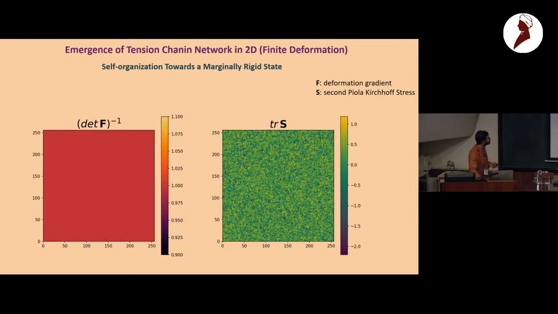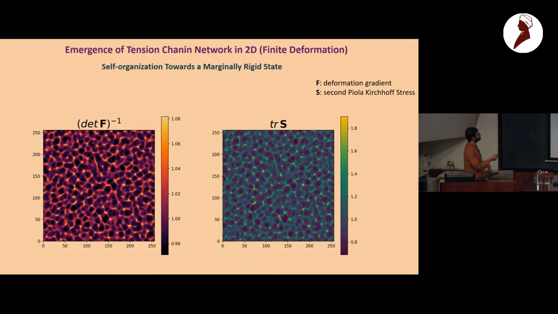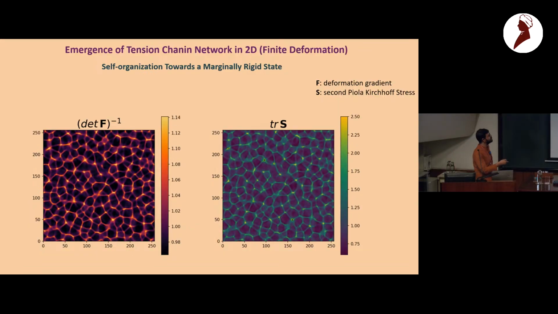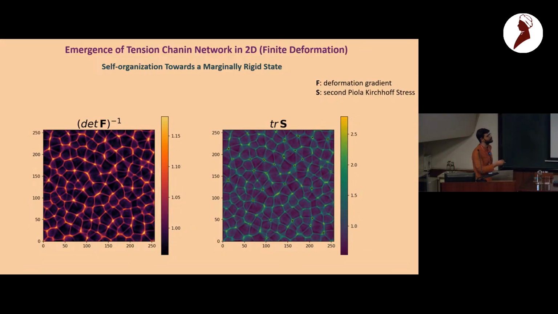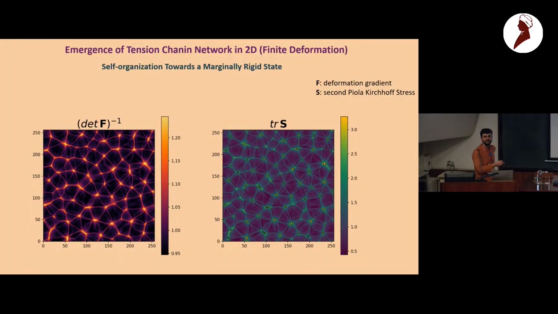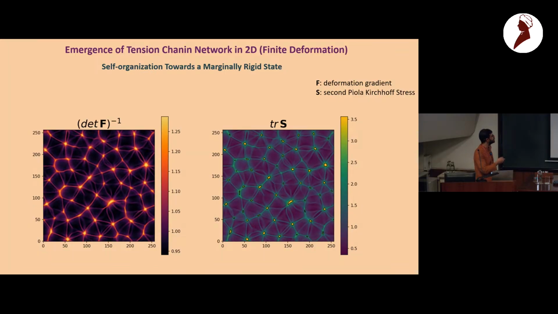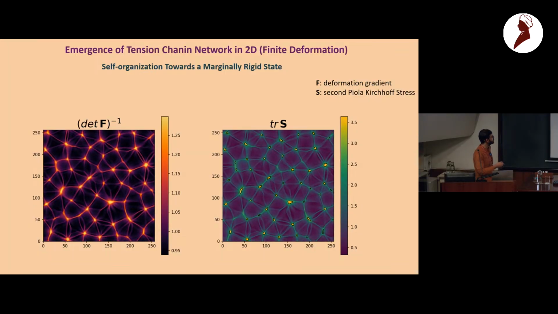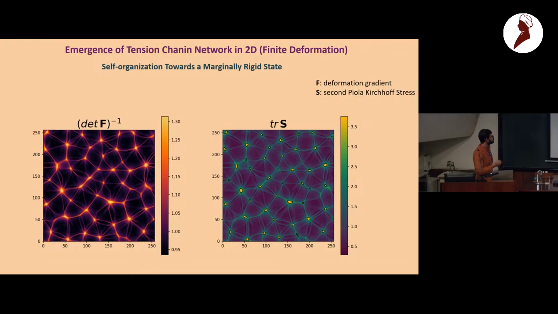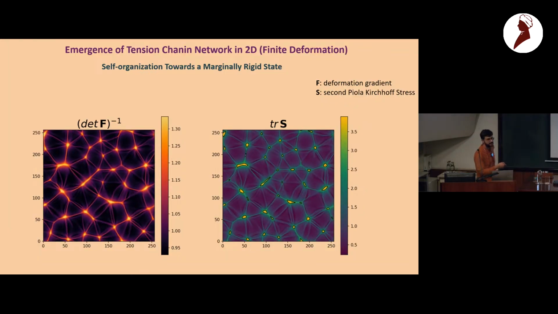Anyway, this is a 2D simulation. This F is something called the deformation gradient. So this is nonlinear elasticity now. F is just the gradient of my displacement field, and I am plotting the determinant of it and its inverse. What you are seeing is the density distribution. You get these sharp lines, and this is the trace of the stress tensor.